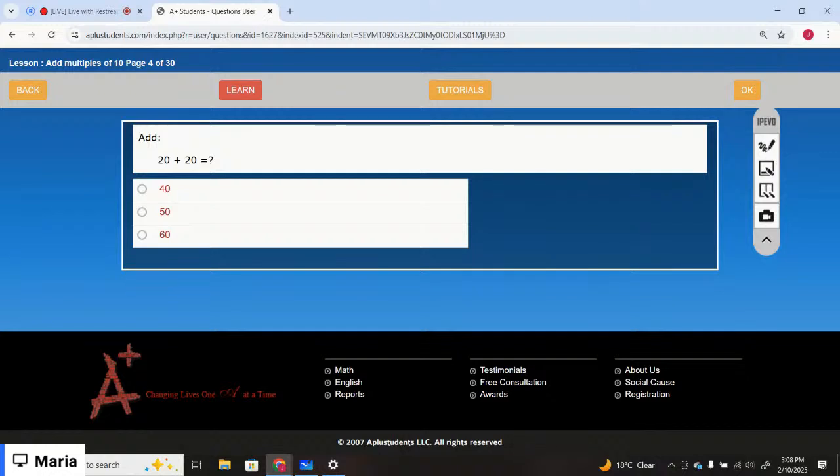20 plus 20 makes 40. Option number 1 is the correct option. 20 plus 20 is 40. 40 plus 50, which is the correct option?